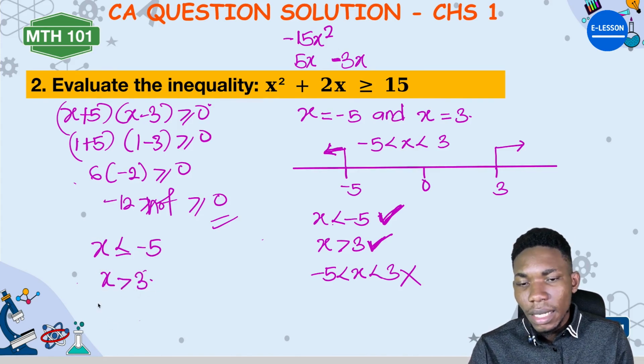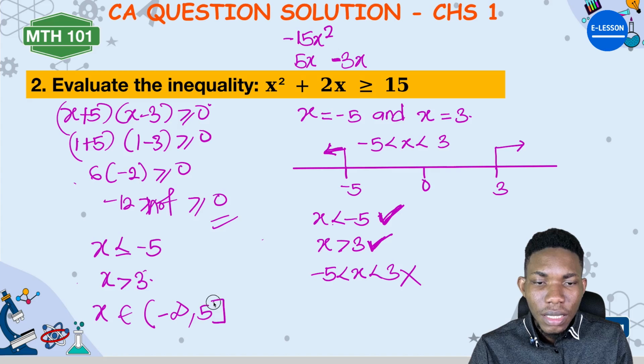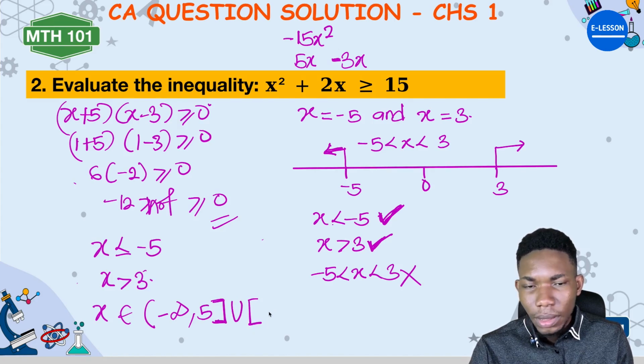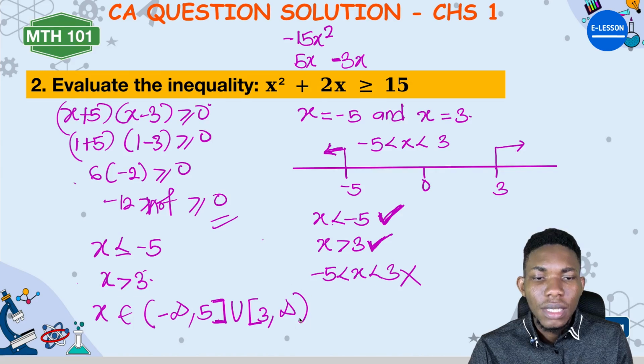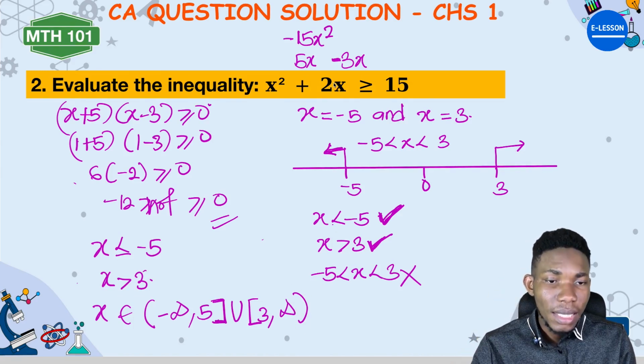You can write this in set form and say x is an element of minus infinity to minus 5, with minus 5 inclusive. This one here tells you that minus 5 is inclusive. Union 3 is inclusive, then to positive infinity. It means that any value greater than or equal to 3, this inequality will be satisfied.